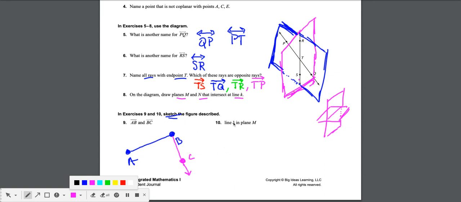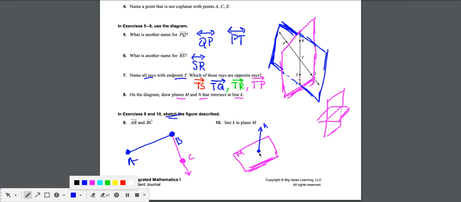Okay, what about line K and plane M? If you have a plane, I would like to draw the plane first. Here's a slice of paper, and put a line through it. A line always goes through a plane at one single point. Let's call that line K, and this will be plane M. We label them like this.